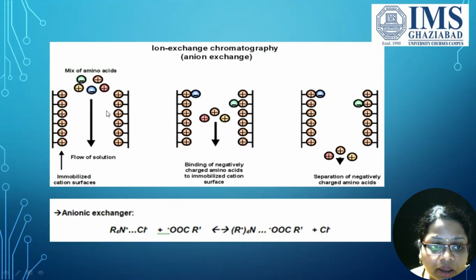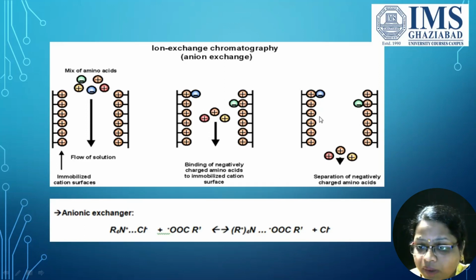The sample comes and only the negatively charged bind and the positively charged are removed. When we change the pH conditions or the salt gradient, the less charged is removed first, and the analyte with more charged groups will be retained more, but then finally it will also be removed from the column.